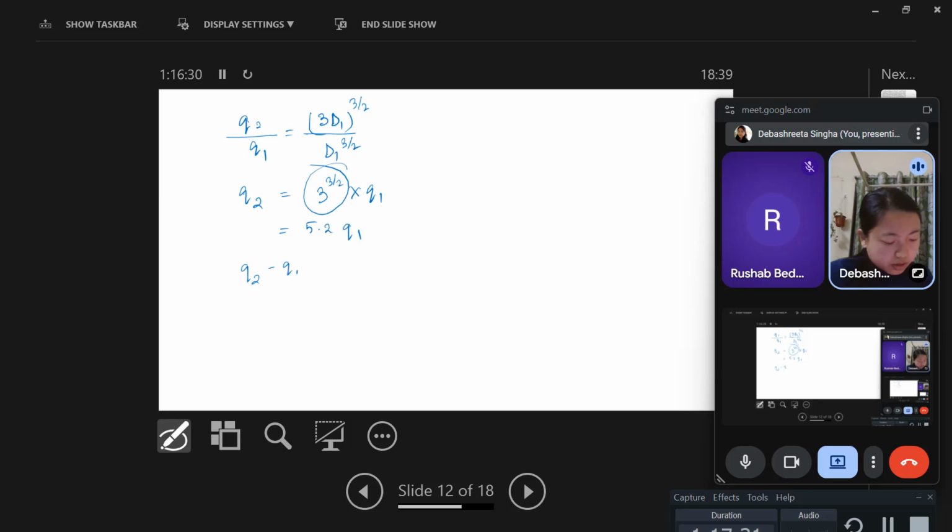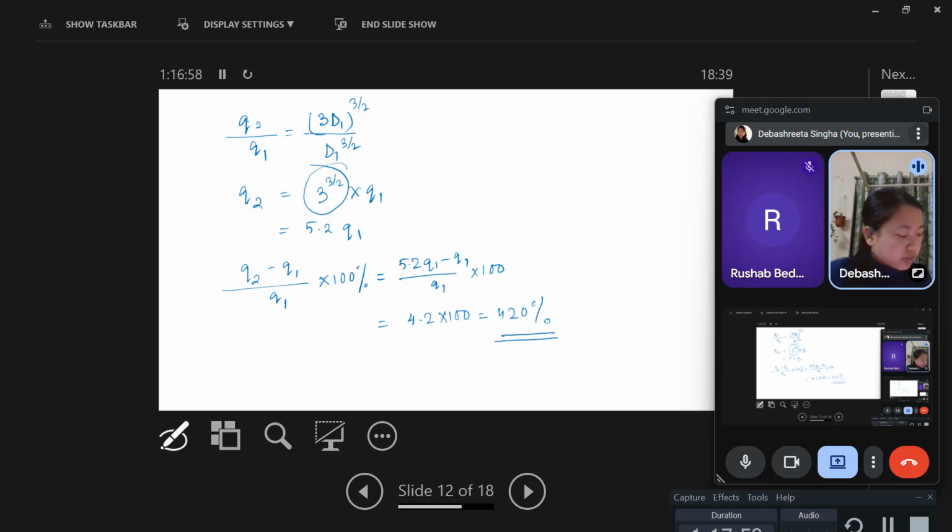So Q2 minus Q1 in terms of Q1, right, times 100%. You need to find the percentage change. So 5.2 Q1 minus Q1 divided by Q1 times 100 becomes 4.2 times 100, that is 420%.